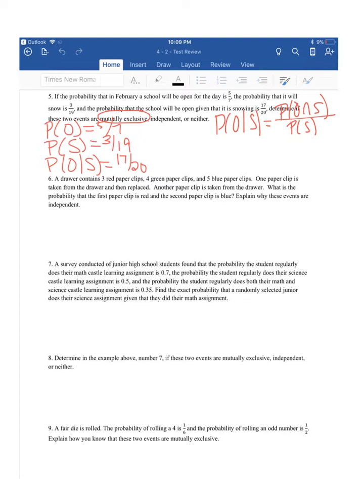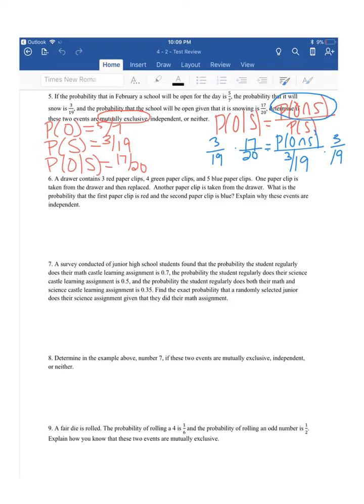So I can plug these things in in order to find this, what I'm looking for. Okay, so when I plug this in, I have 17/20 is equal to what I'm looking for divided by the probability of snow is 3/19. So I'm going to multiply both sides by 3/19.